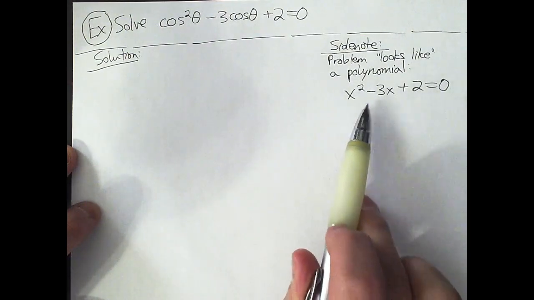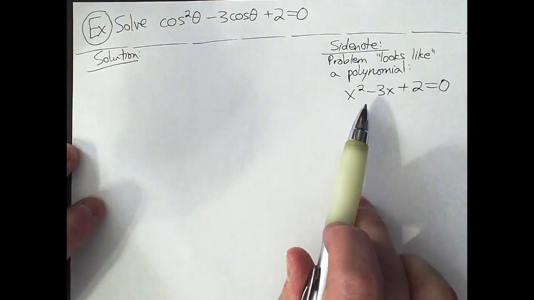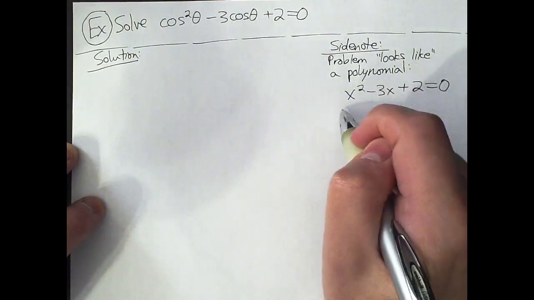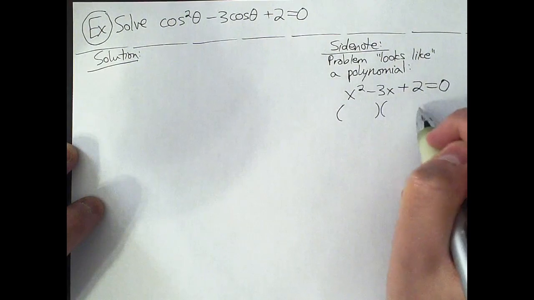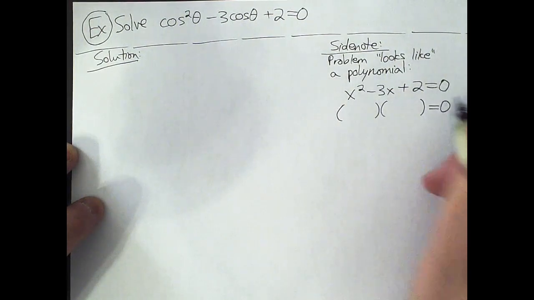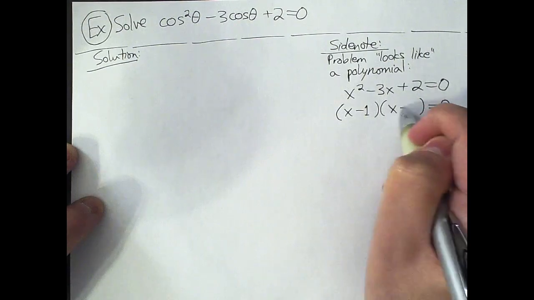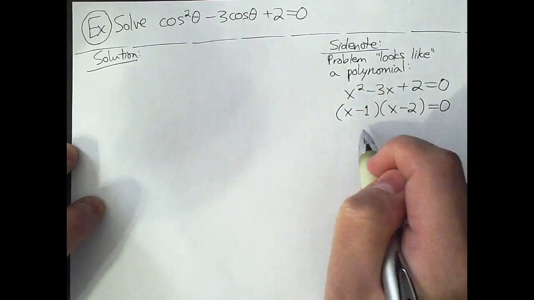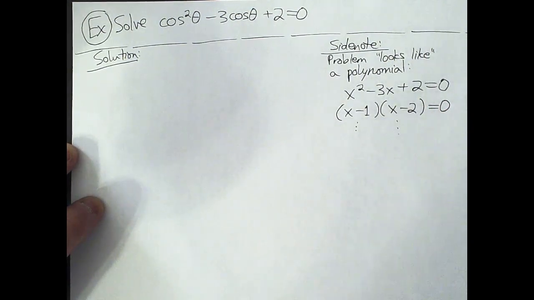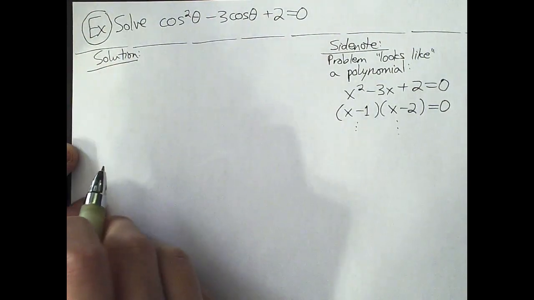And if you gave me a problem in this form and asked me to solve it, I would probably factor and be like, oh yeah, this factors to x minus 1, x minus 2. And then I would continue from there and I would get some solutions, right? That's what we're going to do here.